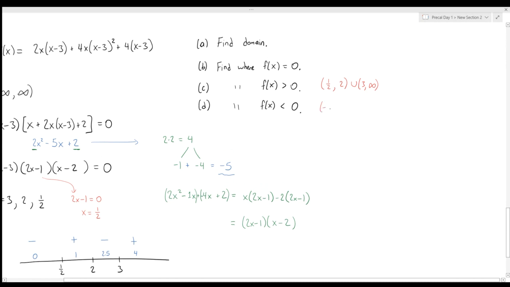And it would have been negative from -infinity to 1/2, and then also in the interval 2 to 3, okay? All right, so any questions about that one?